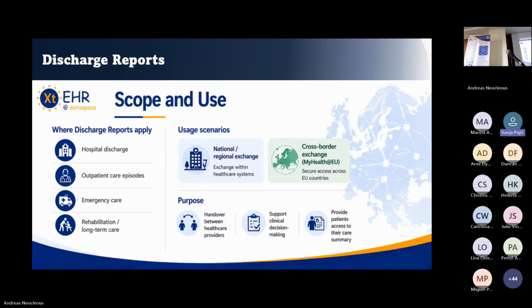And similar to other priority categories, the main purpose was the continuity of care, the support for clinical decision making, which for this priority category is especially important, and providing the patient access to their clinical documents, especially when they're moving from institution to institution, as is typically the case and the purpose of a hospital discharge report. So to be able to continue the care and treatment of the patient. Next slide, please.